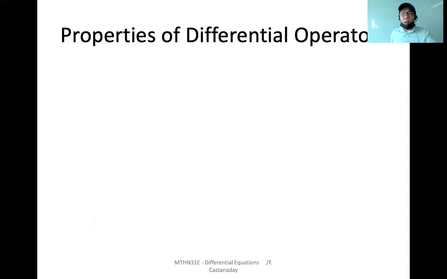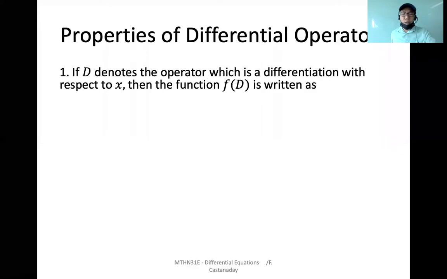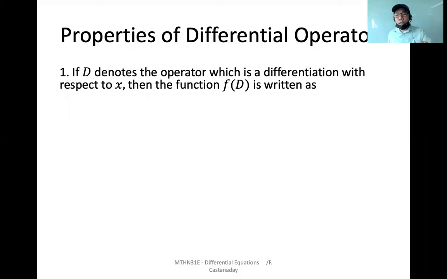Now, there are several properties written in the book, nakasulat sa libro, but I have just highlighted, I think, three properties which will be useful for our next discussion, which is the nth order linear homogeneous differential equations with constant coefficient.